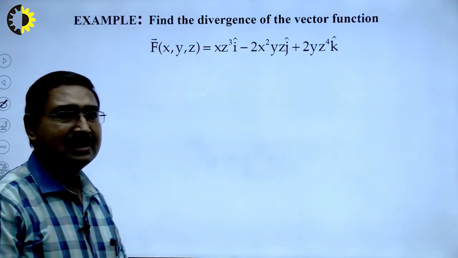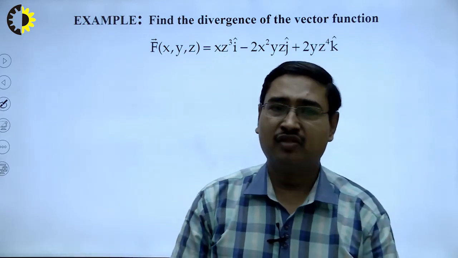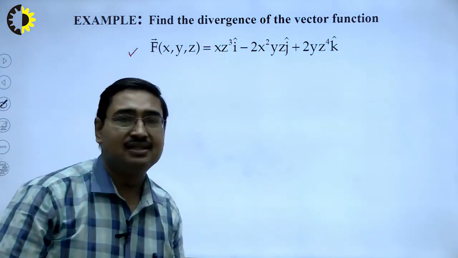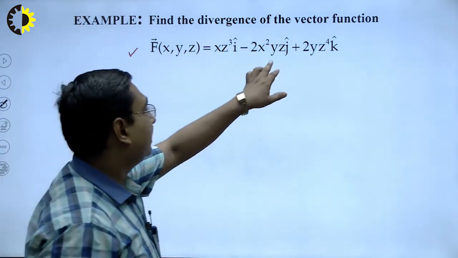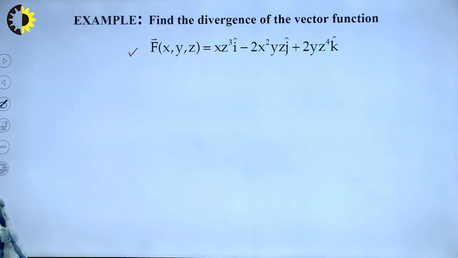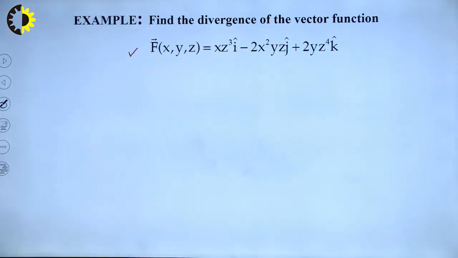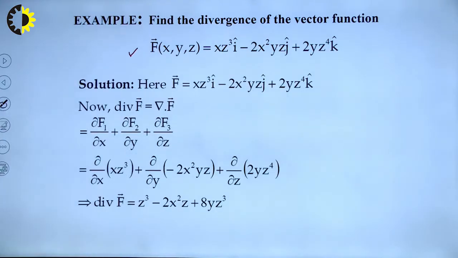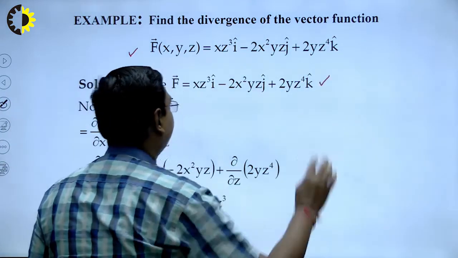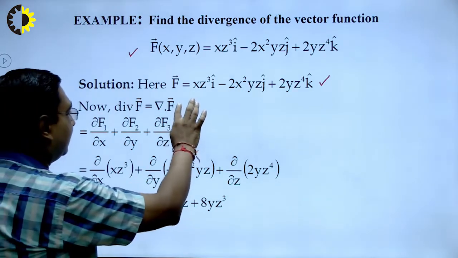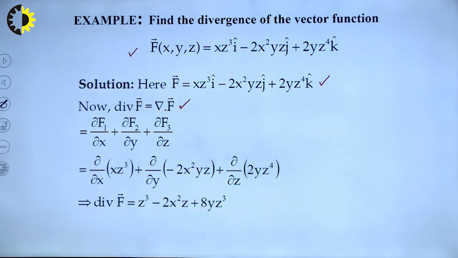Now we take an example of how we can find the divergence of a vector function. The function f equals xz cube i cap minus 2x square yz j cap plus 2yz to the power 4 k cap is given, and we are interested in finding the divergence of this vector function. Divergence of f, as we have already discussed, is nothing but del dot f.